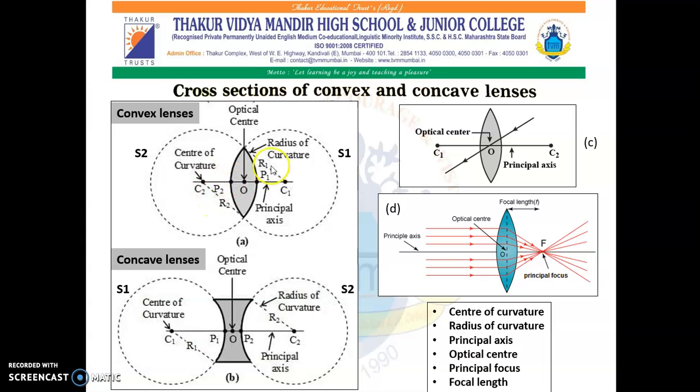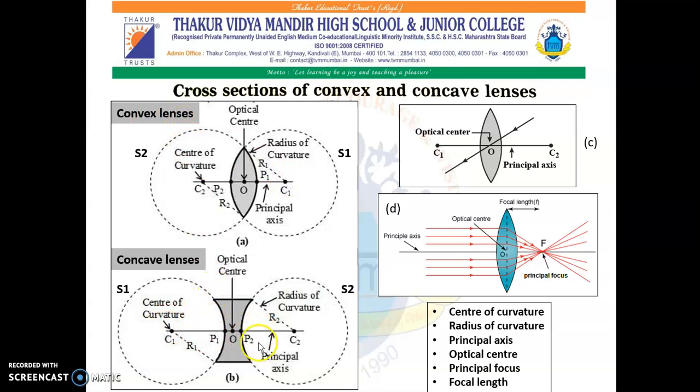Over here we can see S1 is one sphere and S2 is another sphere. Their parts are forming the convex lens. C1 is the center of sphere S1 and C2 is the center of sphere S2. So C1 and C2 both are the centers of curvature of the convex lens.